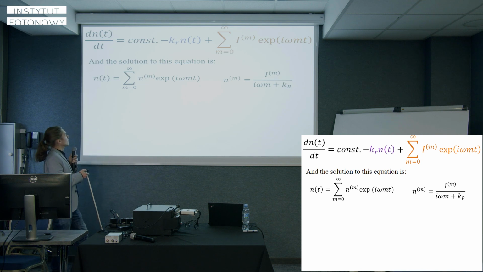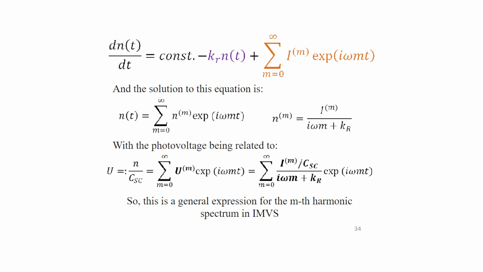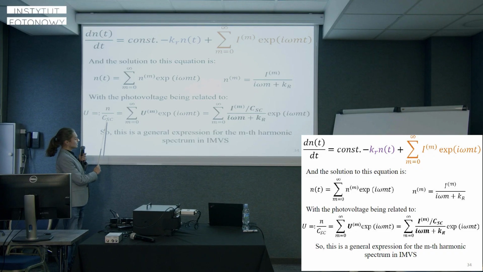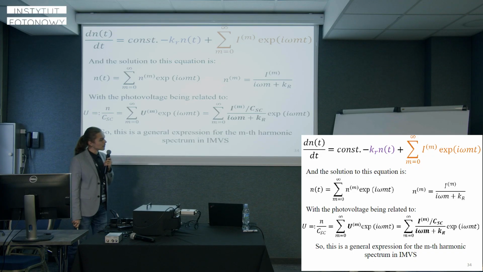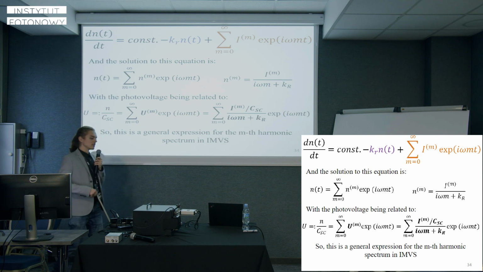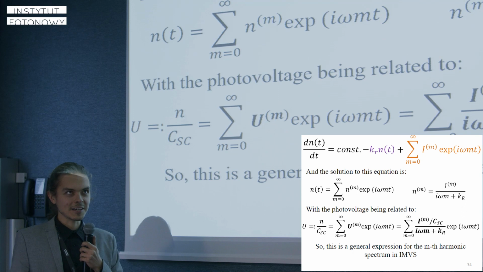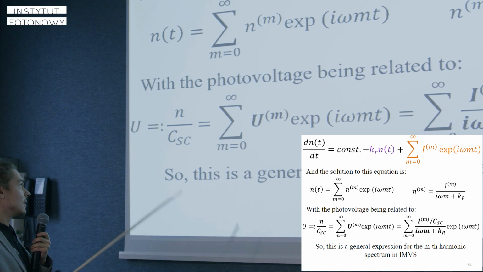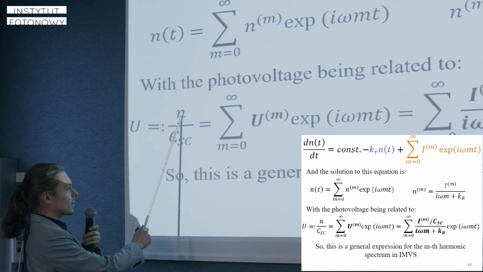And now the definition of a photovoltage. The definition of a photovoltage is like it is a charge over some object. In the very simple case, it could be regarded as space charge capacitance, and I will do this for didactic purposes, although in general, it is not a capacitance, it is somewhat relating the photovoltage with charge.